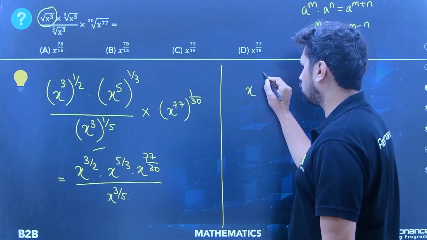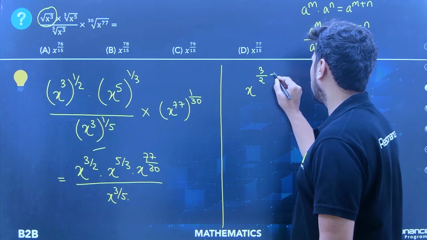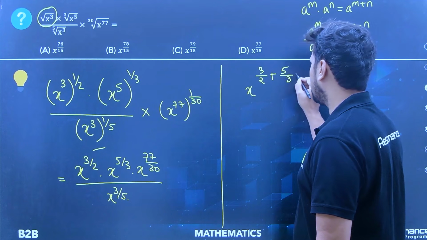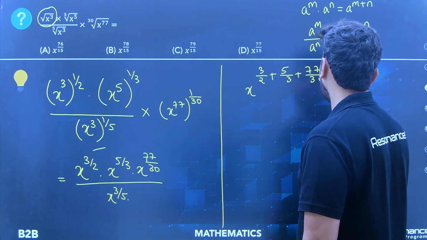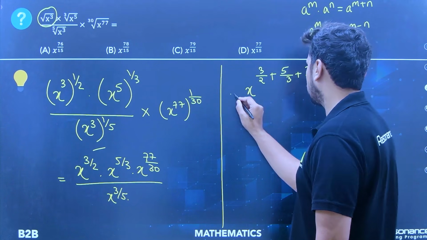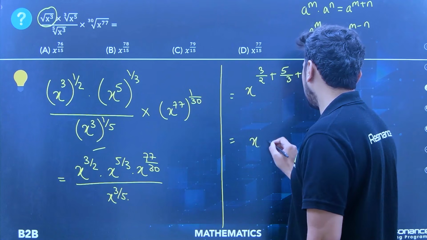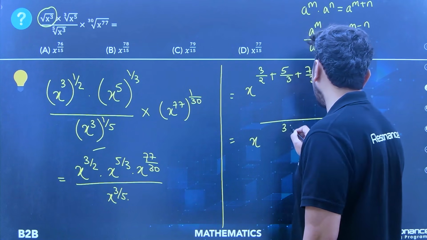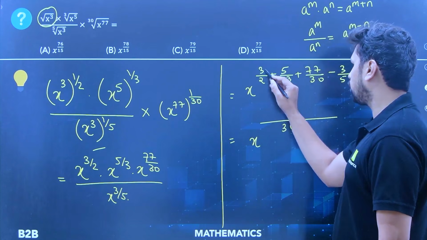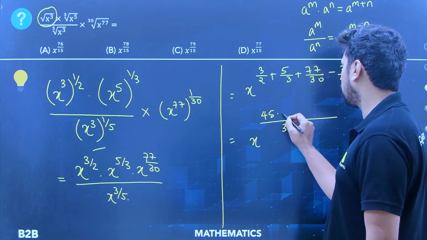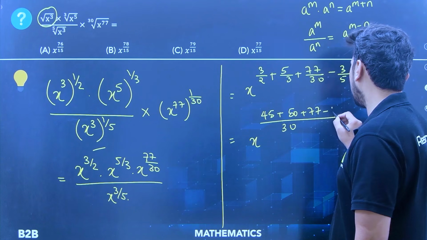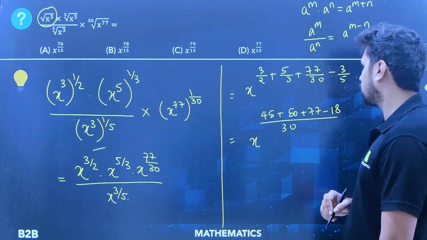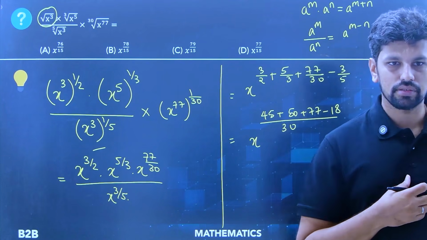So it will become x to the power 3 by 2 plus 5 by 3 plus 77 by 30 minus 3 by 5. So this will become x to the power, whole LCM will be 30. So 15 into 3 is 45 plus 50 plus 77 minus 18. Is it correct?